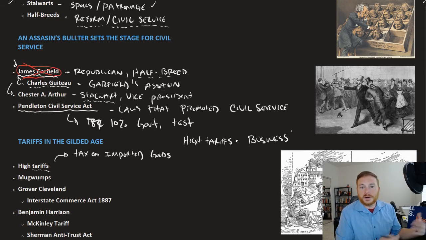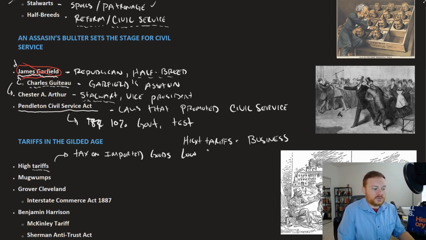Right. So if you're Andrew Carnegie, for example, you want high tariffs because you don't want to have to compete with foreign steel companies. So if foreign steel companies want to import that steel to the United States, well, they have to pay a tax or a tariff, which means that Carnegie or American businesses can charge more. It leads to higher profits.